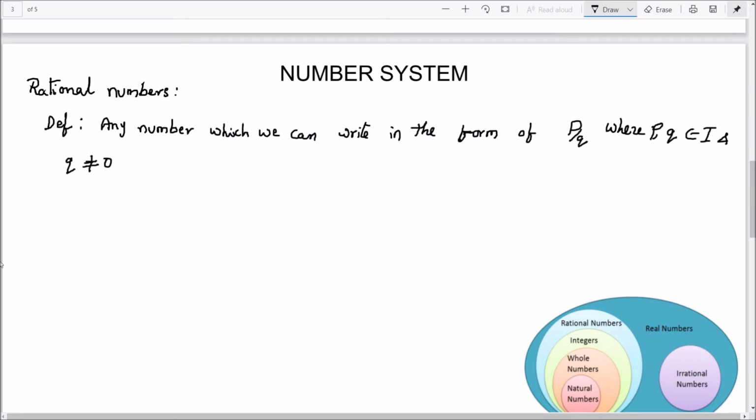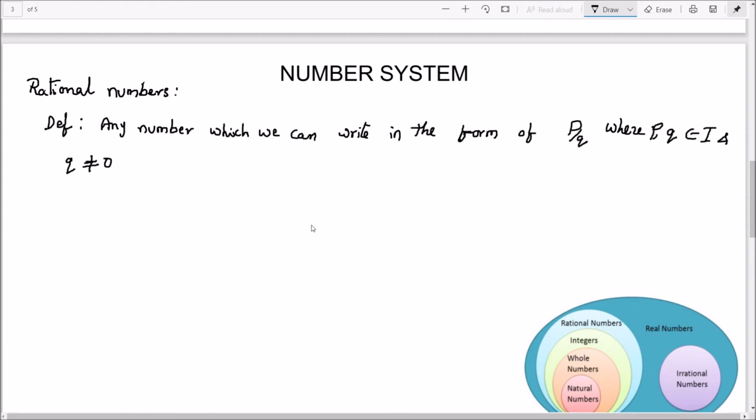So any number which we can write in the form of p by q, where p, q are integers and q not equal to 0, we can call that number a rational number.